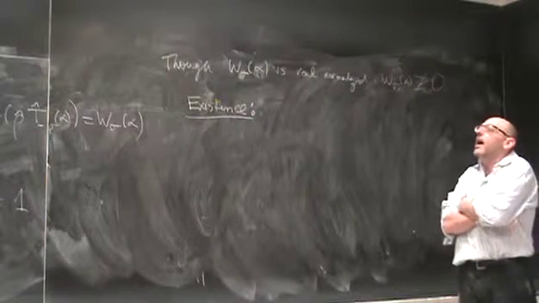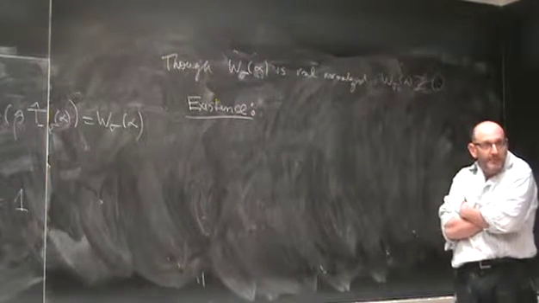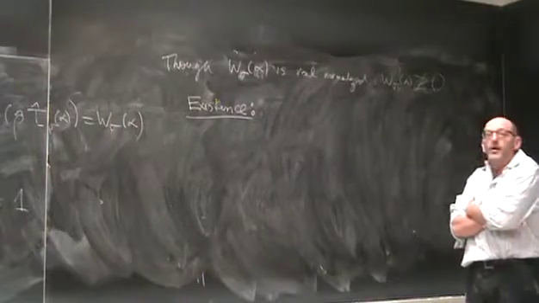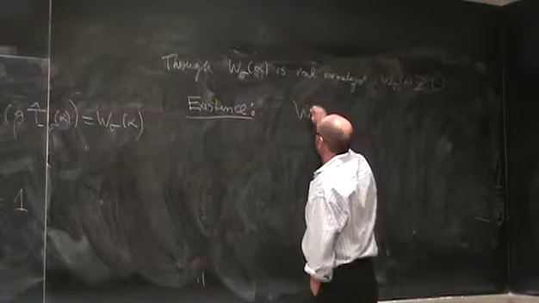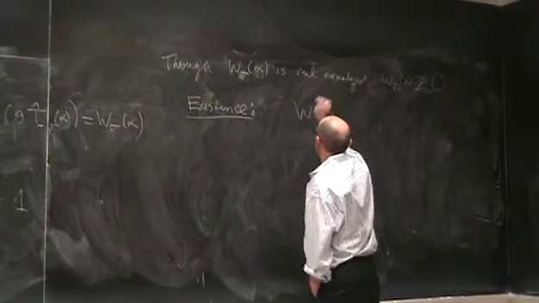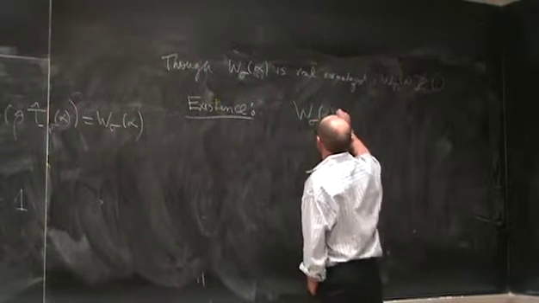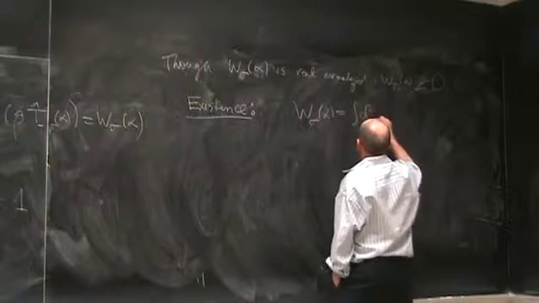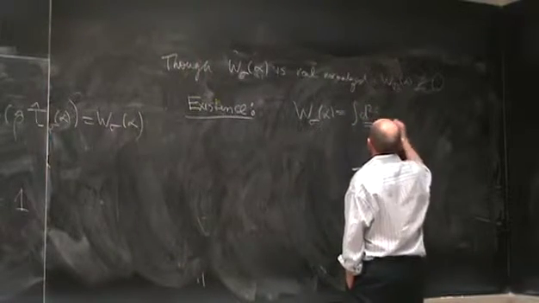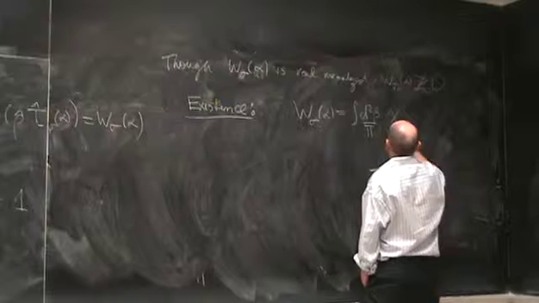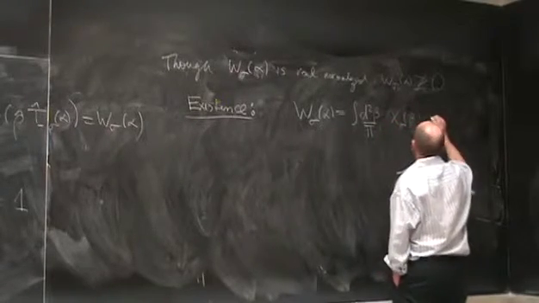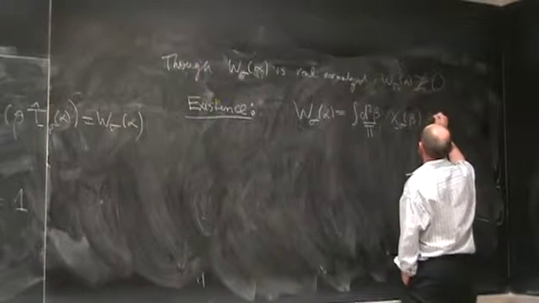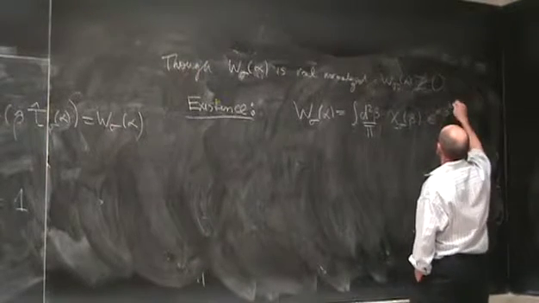So to address this question, what we do is we think about Fourier analysis. So what we have is that the Wigner function, or not the Wigner function, but whatever quasi-probability we're looking at, it's the Fourier transform of the characteristic function.